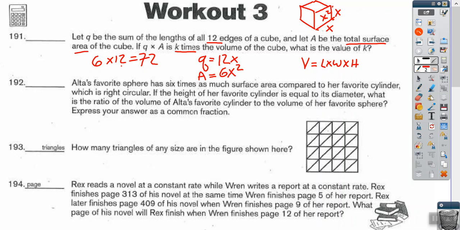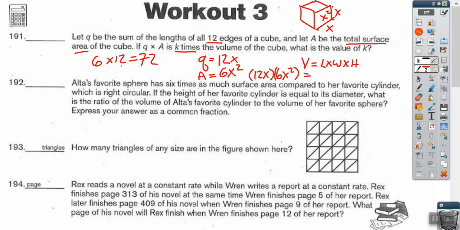All right. So then remember, we are going to have Q times A. We're going to multiply those together. So we have 12X times 6X squared. And that has to equal the volume times some coefficient.